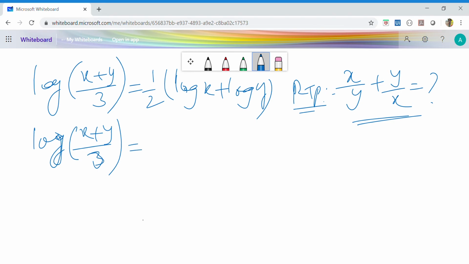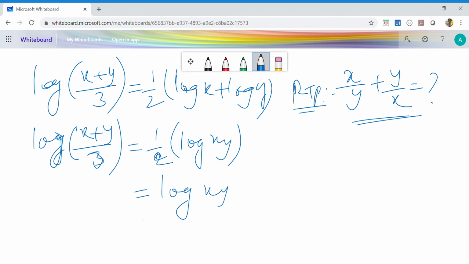And here half of (log x plus log y) becomes log xy, as log a plus log b is equal to log ab. And m log a can be written as log a power m. So 1 by 2 becomes log of xy whole to the power of 1 by 2. And the LHS is log of (x plus y) by 3 as it is.